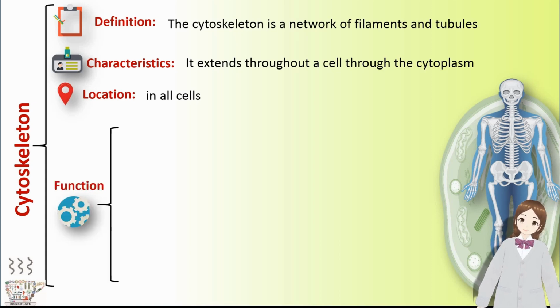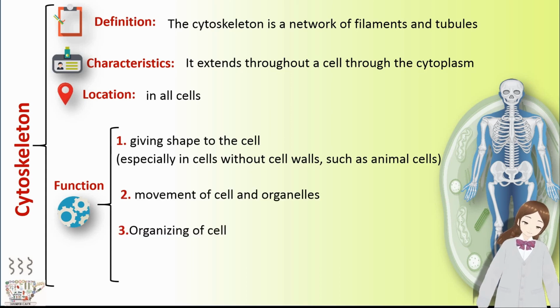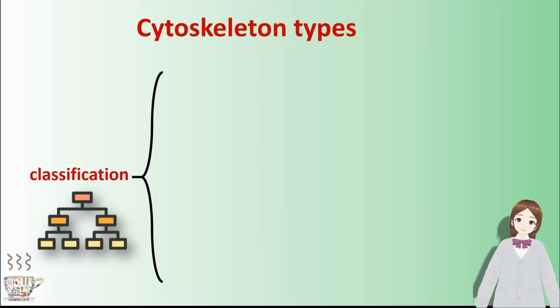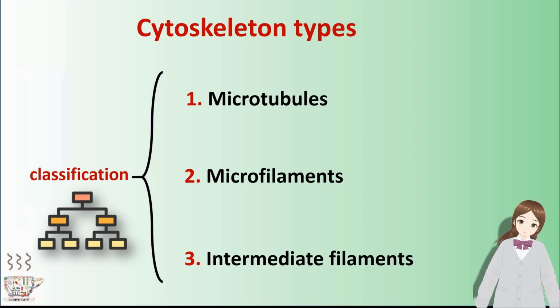It plays a role in giving shape to the cell, especially in cells without cell walls such as animal cells, in movement of the cell and organelles, in organizing the cell, and in keeping the cell's organelles in their place. The cytoskeleton can be divided into three groups: microtubules, microfilaments, and intermediate filaments.